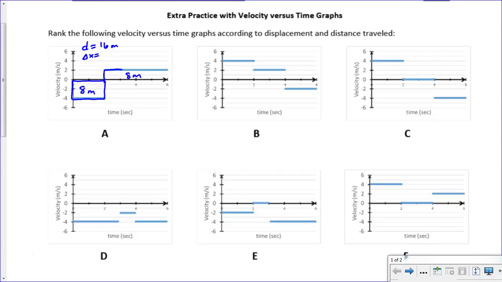This part here is positive velocity, positive area, and so that's going to add to where our position is. Because we've got 8 meters where we're going in the negative direction and 8 meters where we're going in the positive direction, they end up canceling each other out. So it'd be 8 minus 8 is 0. 0 meters. All right, so that's how that one works out.